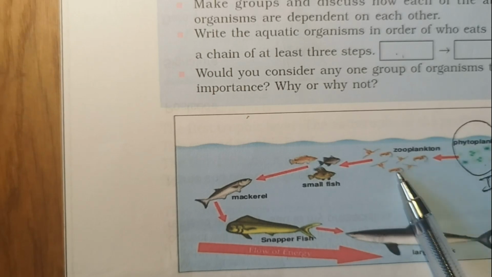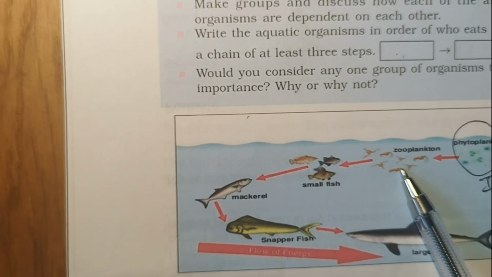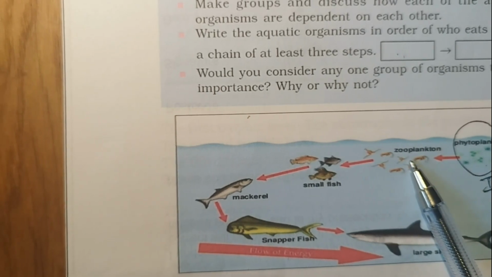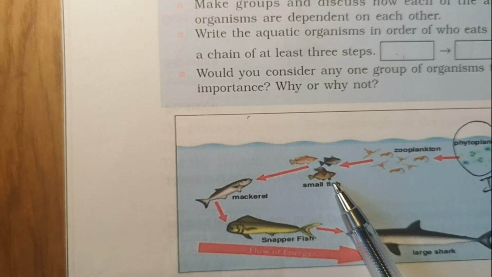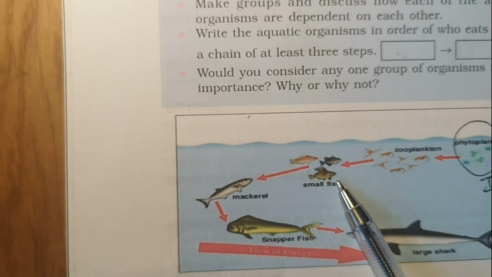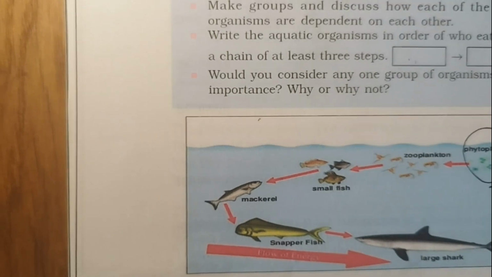The herbivores, that is insects and larvae, are the primary consumers. They come at the second. Small carnivores are the secondary consumers at the third, and large carnivores, tertiary consumers, form the fourth trophic level.